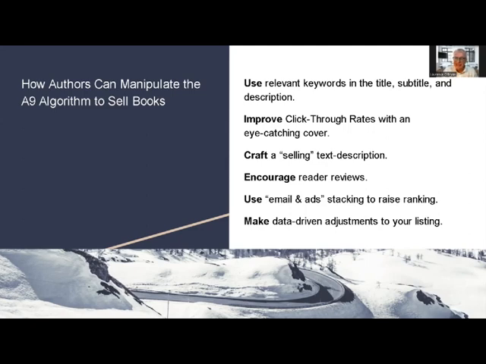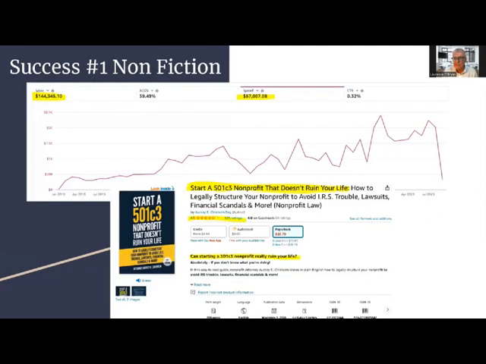And then make data-driven adjustments to your listing. If it's not selling at a certain price, we can change the price. If it's not selling with a text description as we have it, you can change the text description. So that's what making data-driven adjustments to your listing means.